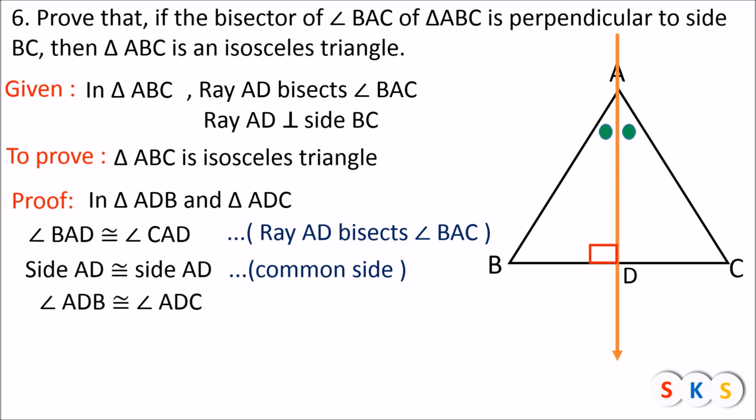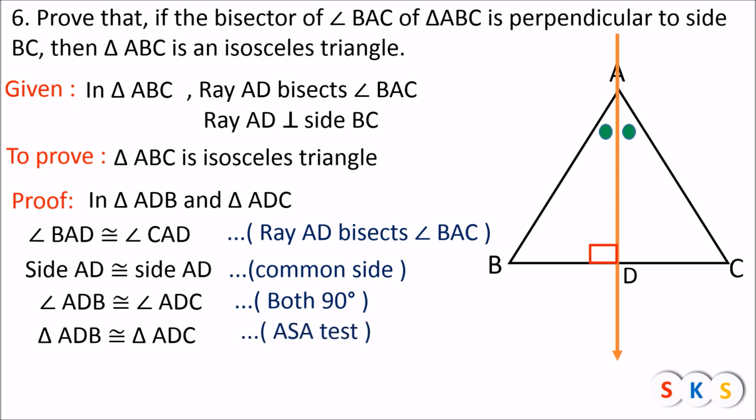So I can say here angle ADB is congruent to angle ADC because both have the same measure, that is 90 degrees. Therefore triangle ADB is congruent to triangle ADC by the angle side angle test.